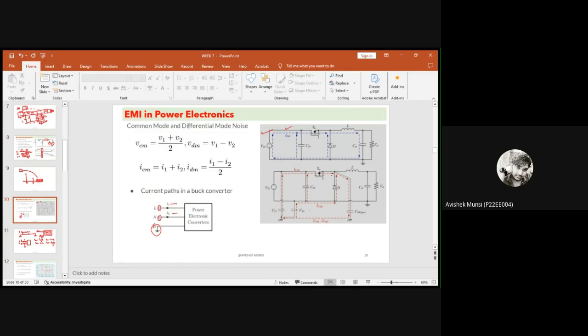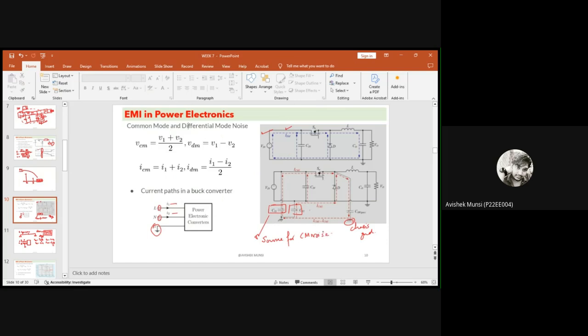If you see, there are unwanted capacitances generated between the actual point and the ground. This is our chassis ground. This unwanted capacitance is basically the source for our common mode noise.